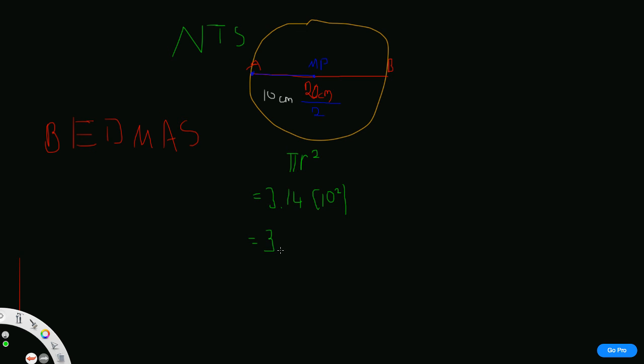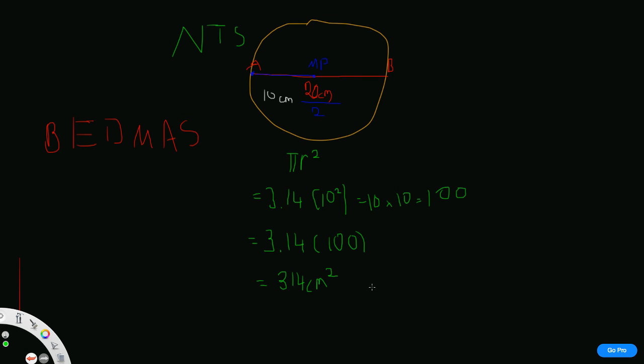So 3.14 times 10 squared, which we all know is 100, because 10 squared means 10 times 10, which gives us the answer of 100. Next, we multiply 3.14 by 100, which gives us the answer of 314, don't forget the unit, centimeters squared.